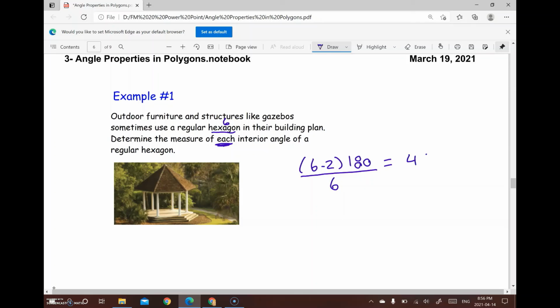So 4 times 180 divided by 6. And we get 720 divided by 6, which is 120 degrees. Each angle is 120 degrees.